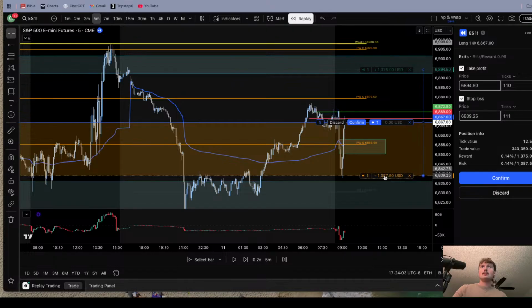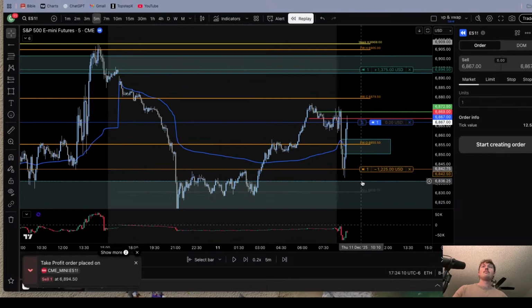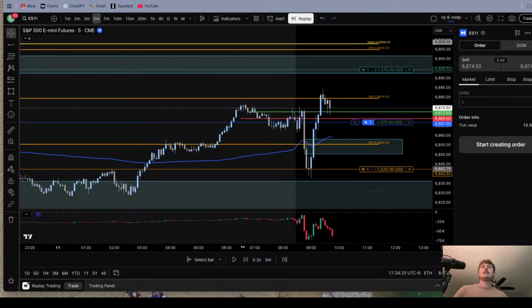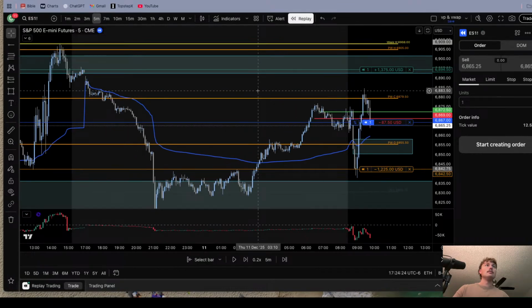Could bring this up though. Maybe here. Okay. On the 5 minute. Look at that. We're not gonna push up any higher. We literally broke the previous week close.